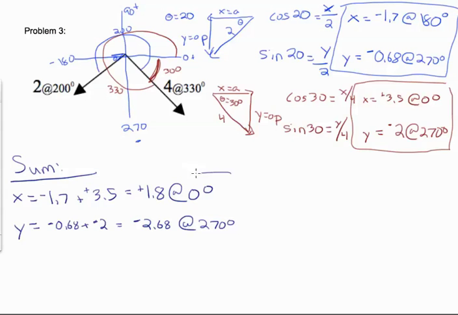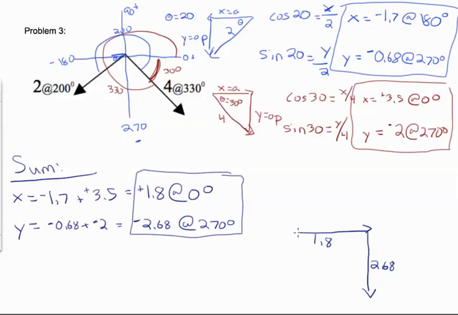Now we can draw this, and we're going to draw our x first. And because it's at 0, we'll draw it pointing that way. And our y is at 270, so we'll draw it pointing down. And our resultant is right here. And our theta is right here.